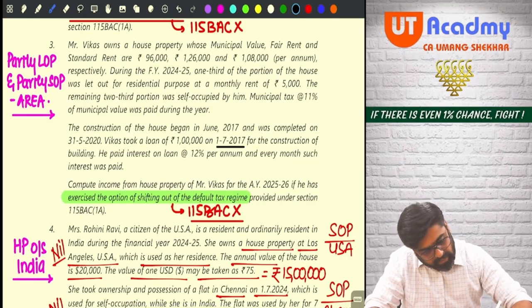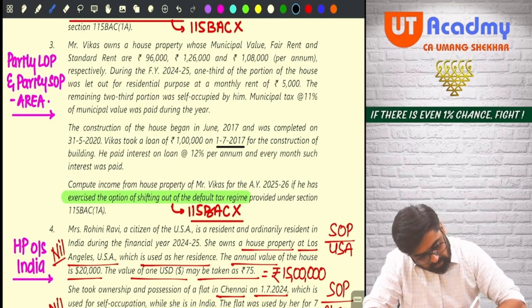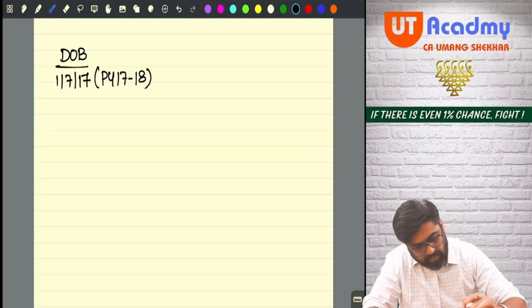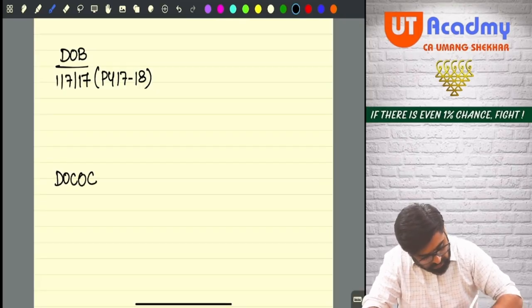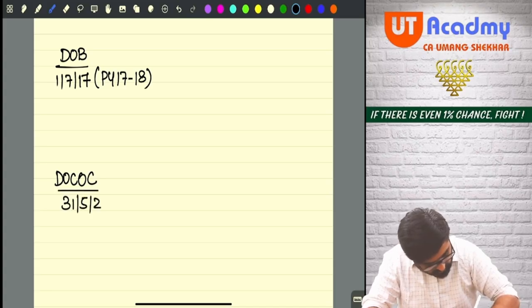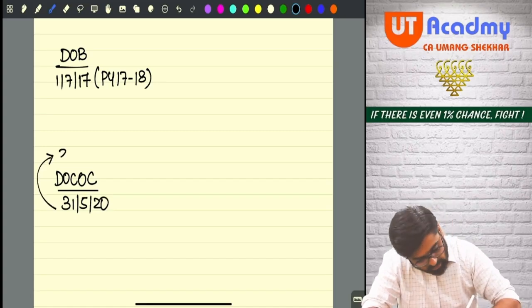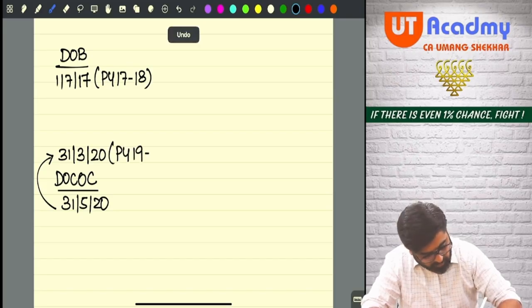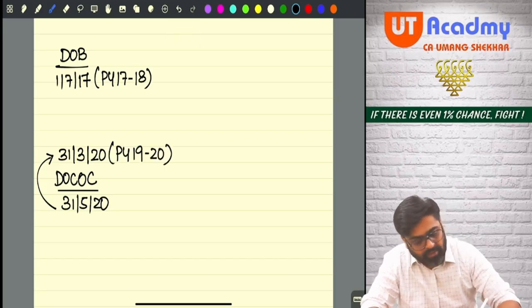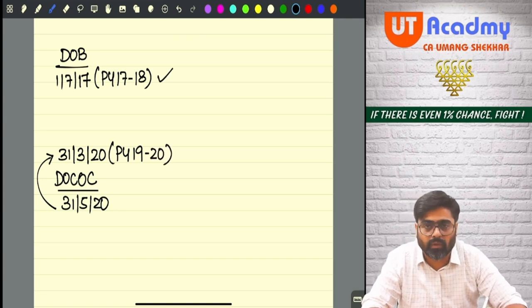The construction completed. When was the construction completed? 31st May 2020. So can I say DOCOC is 31st May 2020 and 31st March immediately prior to this, that is 31st March 2020, which comes in previous year 19-20. Sure? So in the previous year 17-18 I took the loan.